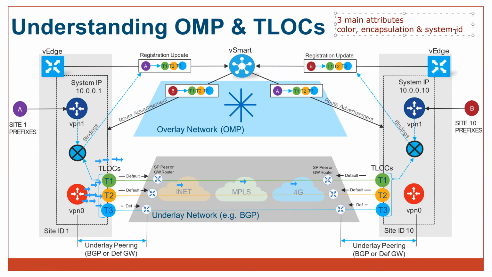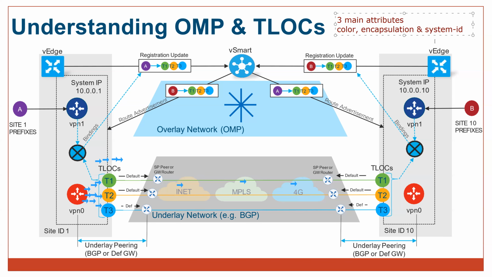If you have done class 1, I told you system ID is nothing but the loopback address of that particular system. Why are we using loopback address in BGP or in the normal routing world? Because loopback address is the address of that particular device. So irrespective of how many physical interfaces you have, loopback address is something that will never go down because this is the logical IP of the system.